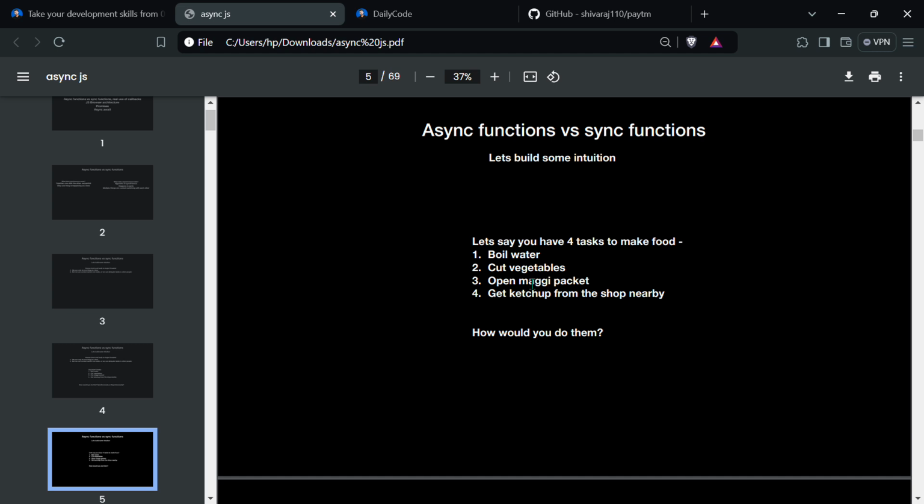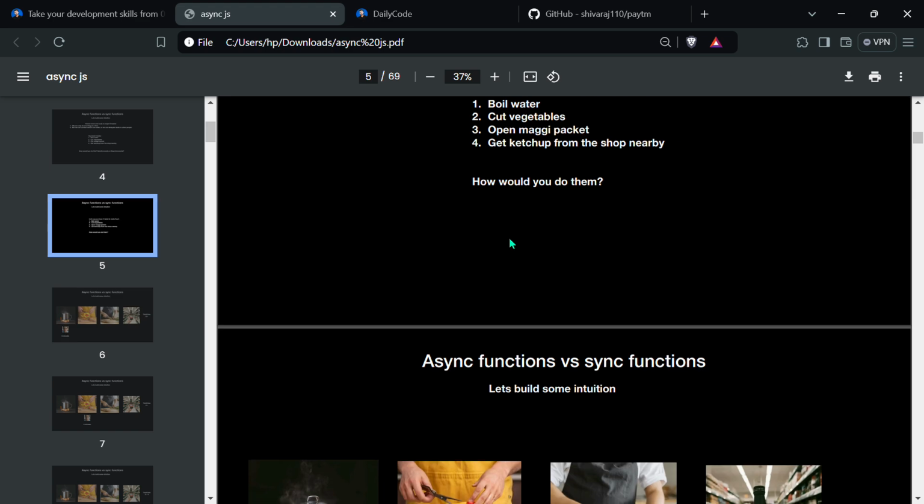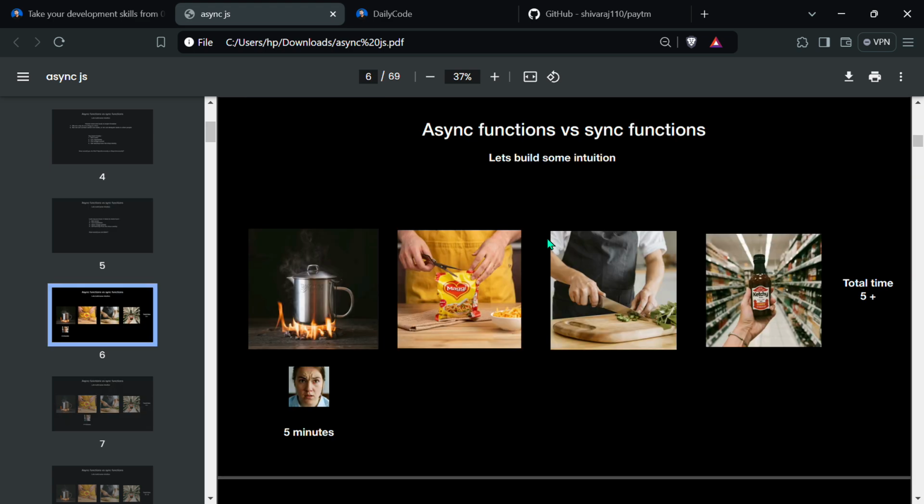First, we'll take the example with the synchronous manner. Let's build some intuition by preparing the Maggie synchronously. First, you have to boil the water for 5 minutes. As you can see, the woman is waiting for the water to boil, and she is angry.